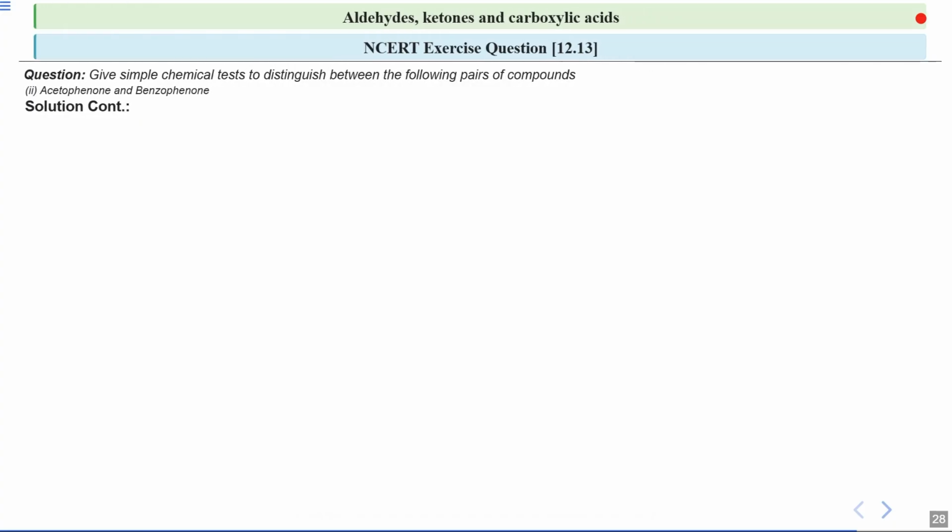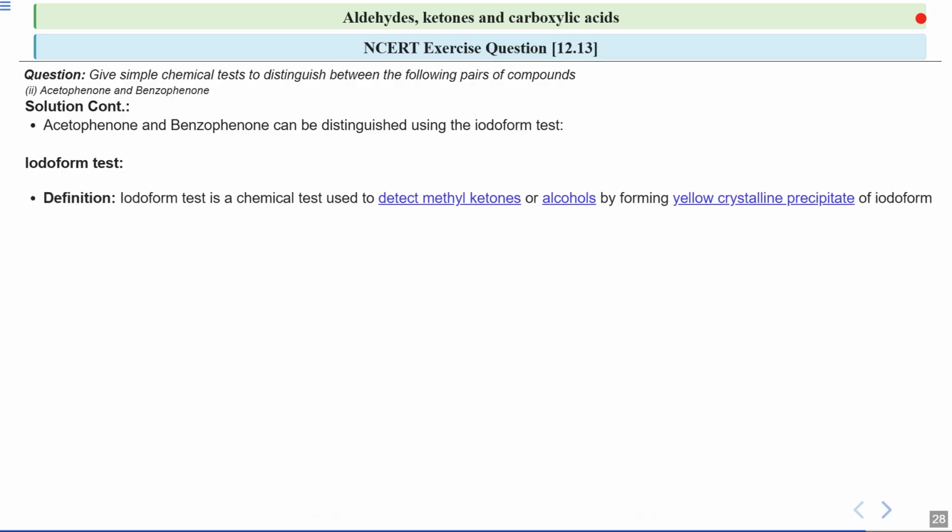Now we will see the next one, which is acetophenone and benzophenone. These can be distinguished using the iodoform test. Now what is this test about? It helps us detect the presence of methyl ketones, that means a CH3 group attached to the carbonyl carbon. The key observation is the formation of a yellow crystalline precipitate, which is called iodoform.